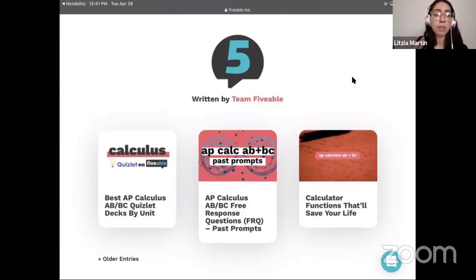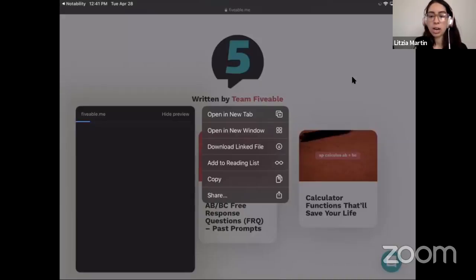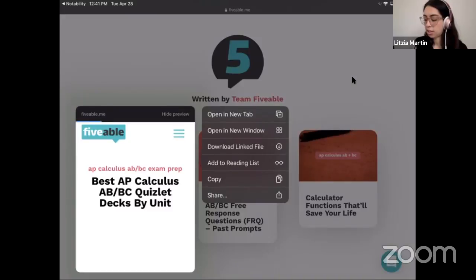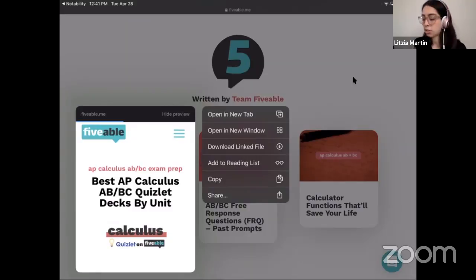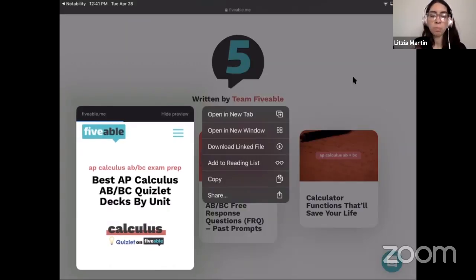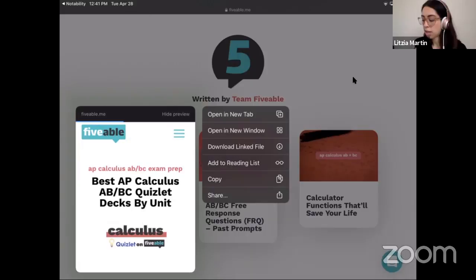So you don't want to spend forever looking things up when you can just know it. So I really recommend you try going on here. You can see it's separated by unit. So if we're working on limits and there's some parts that you want to practice, then you can do that. Let me open a new tab here.